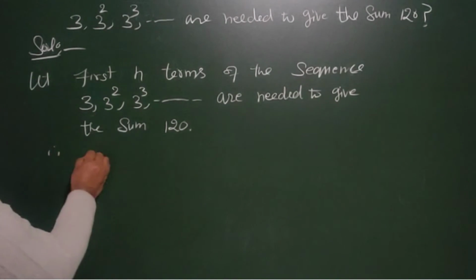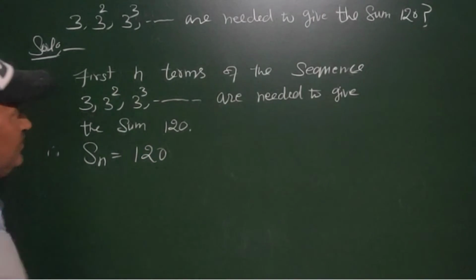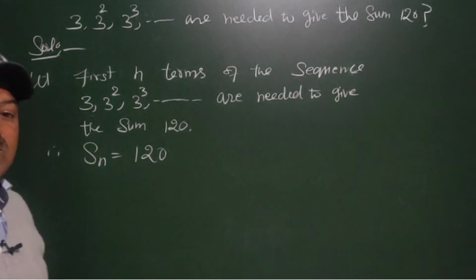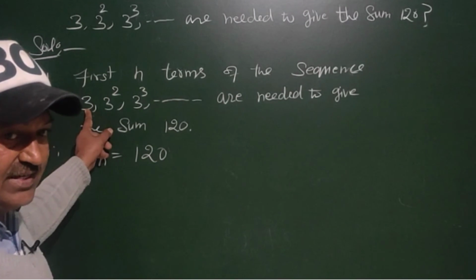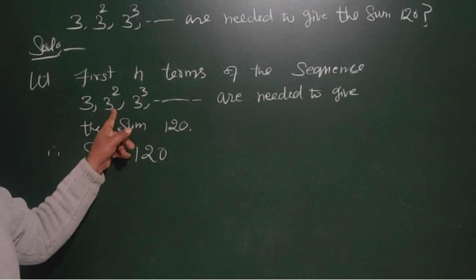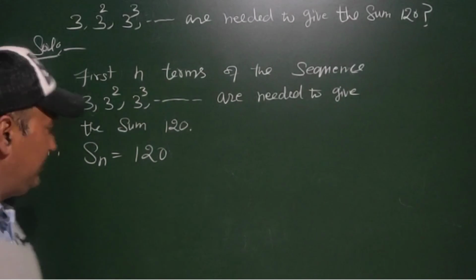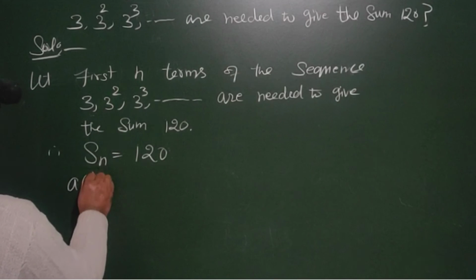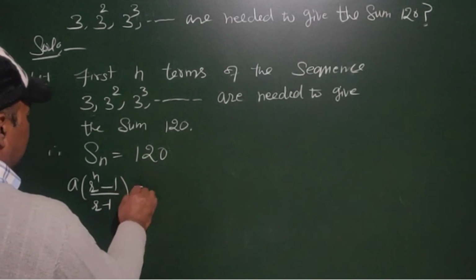Therefore, Sn is equal to 120, because the given sequence is a GP whose first term a is 3, and common ratio r is 3, which is greater than 1. Therefore, applying the formula, if r is greater than 1, we get a into (r^n minus 1) upon (r minus 1) is equal to 120.